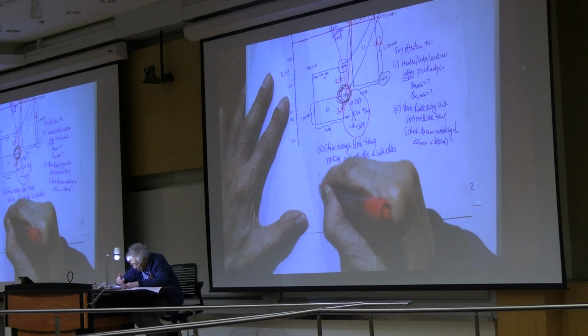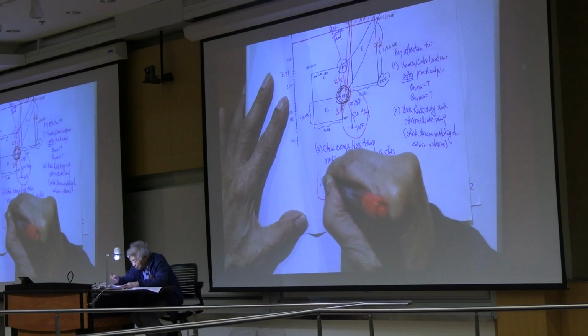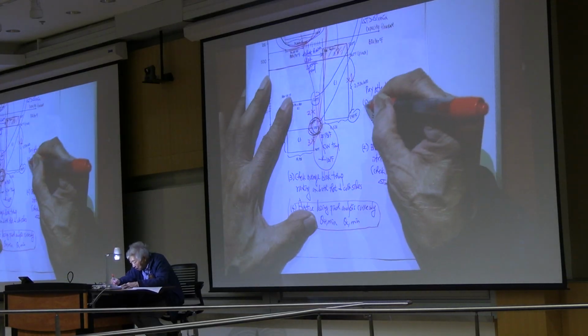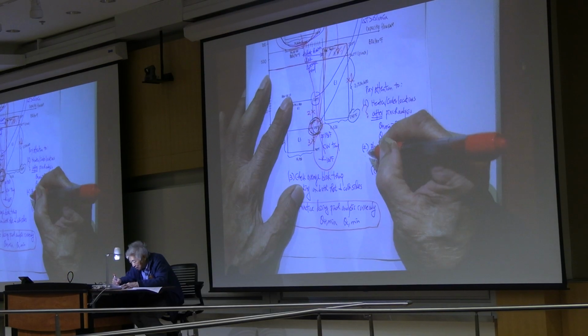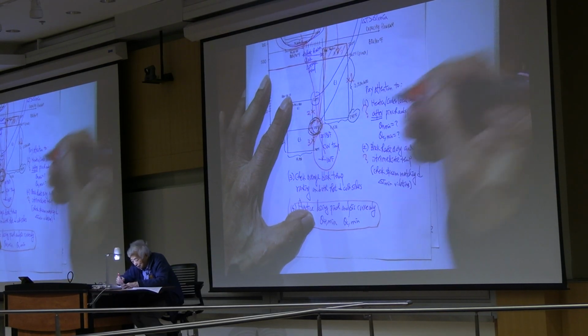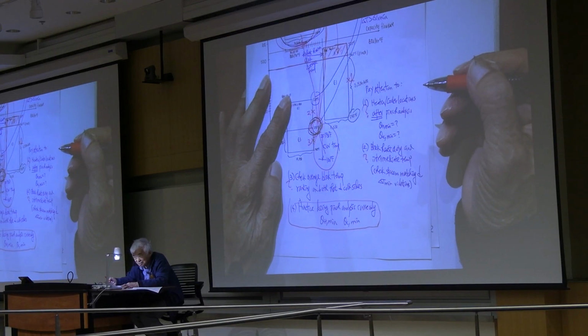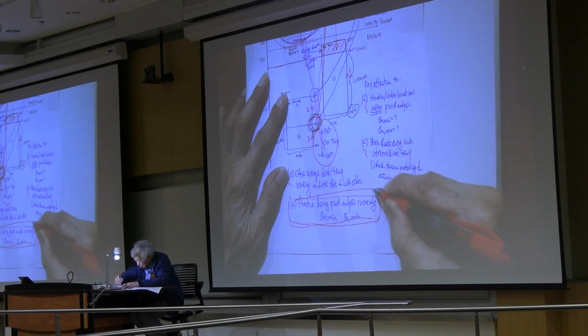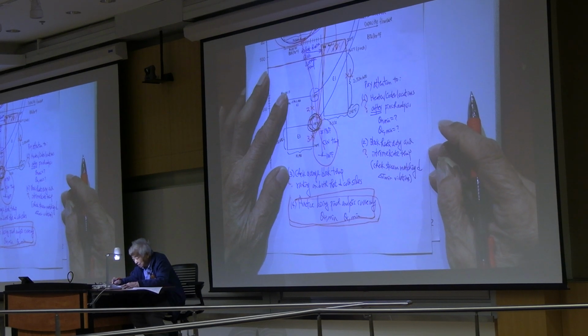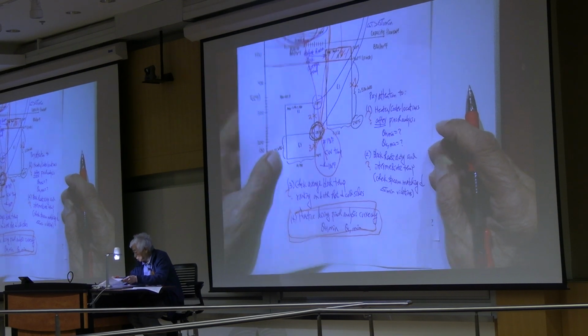If this step is not correct, step 1 will be in trouble. Step 2, step 3, all will be in trouble. So you need to know how to do this correctly for your exam.